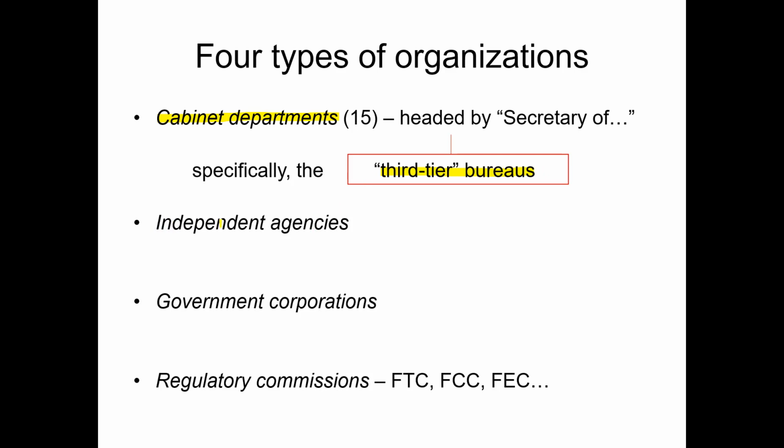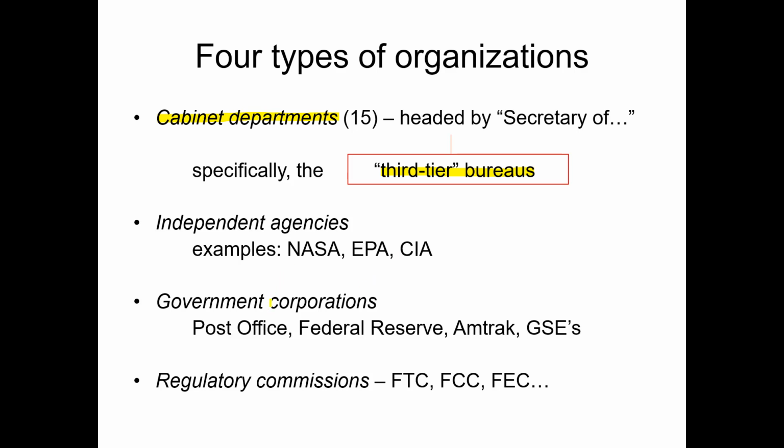Then we'll look at what are called the independent agencies, and they're independent for a reason. Examples include NASA, the Environmental Protection Agency, and the CIA. We'll also look a little bit more in depth at what are called government corporations. They are set up by the government to do their own business, such as the Post Office, the Federal Reserve, Amtrak, and the government-sponsored enterprises such as Fannie Mae.